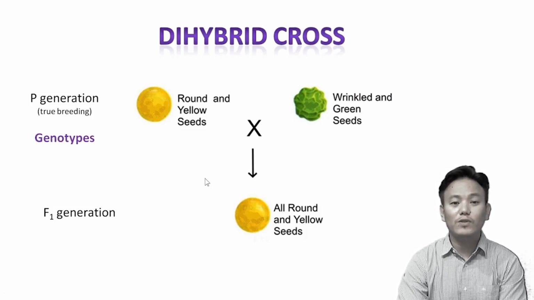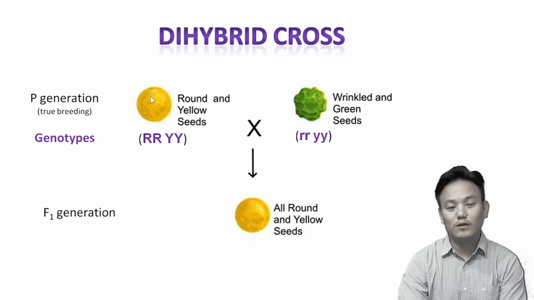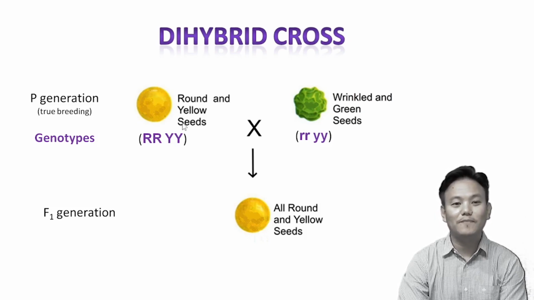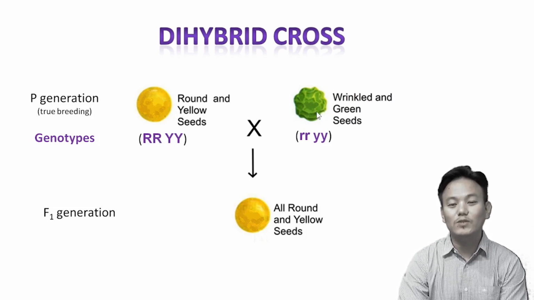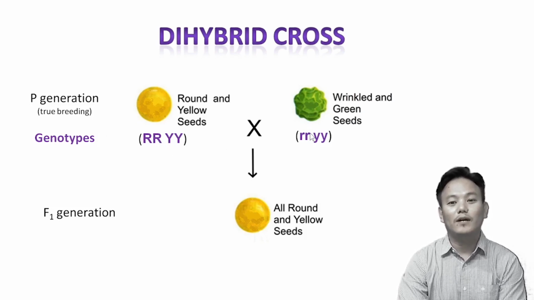The genotypes for these two parental individuals were: for this particular plant, the roundness of the seed is governed by two homozygous dominant alleles, and the yellow color seed trait was also controlled by two homozygous dominant alleles. So this is a true breeding plant and it is homozygous for both the traits. This is also homozygous for both the traits, two small r's and two small y's.